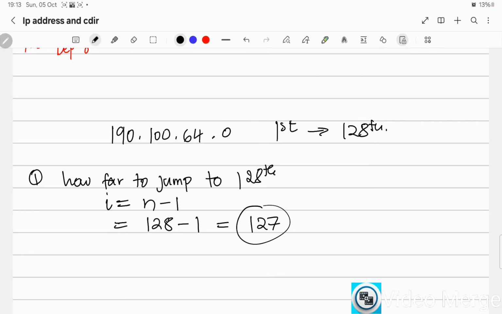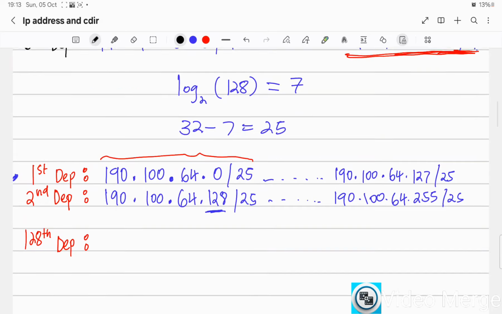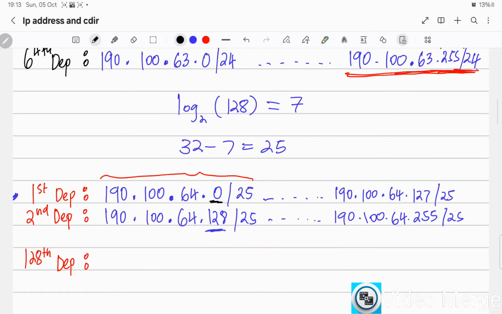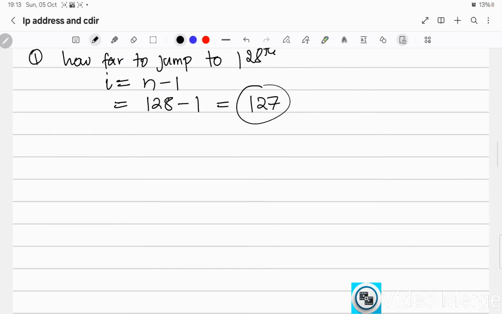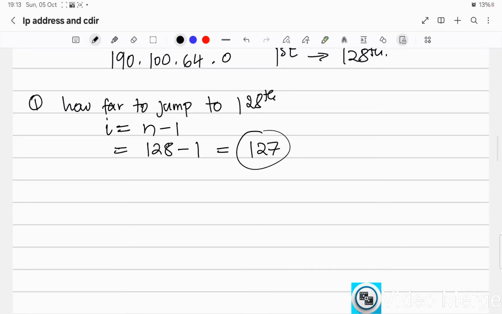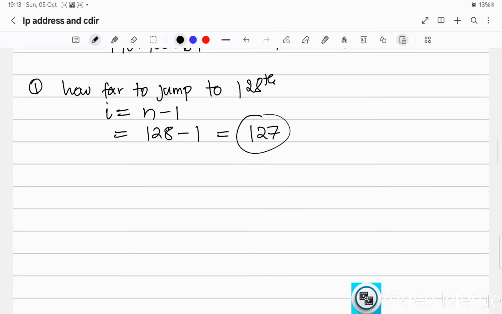And remember, this is because department 1 is offset 0. If you come back and check here, it's offset 0, department 1. Then department 2 is offset 1 times 128. But either way, that doesn't really matter a lot. You just have to know how far you have to jump to the 128th. Okay.